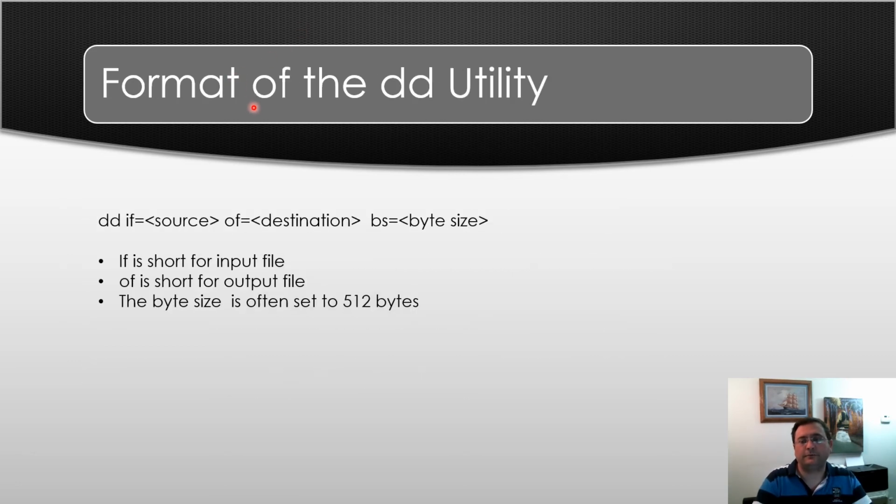The format of the DD utility is as shown in this example. You need to type in dd on a Linux machine and write if, short for input file, which is the source, and then of, short for output file, which is the destination, which means you may direct the output to a USB drive or flash drive, any type of drive.